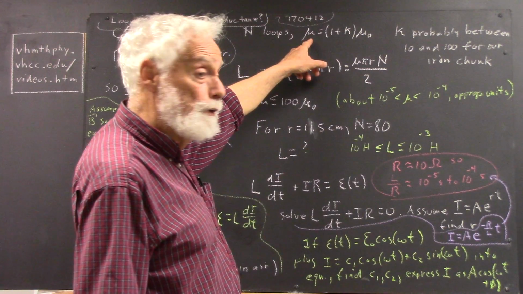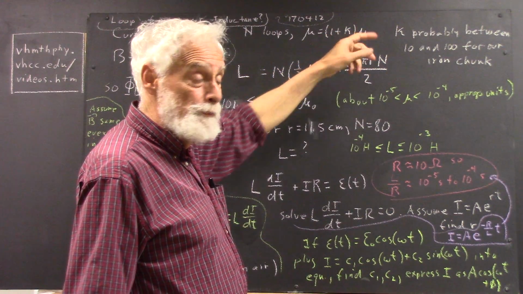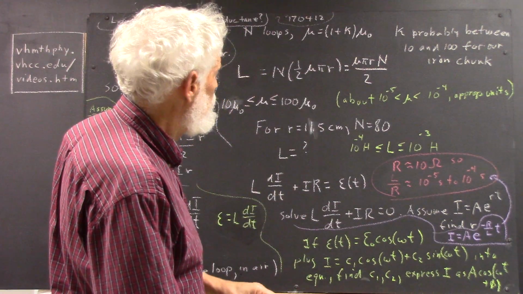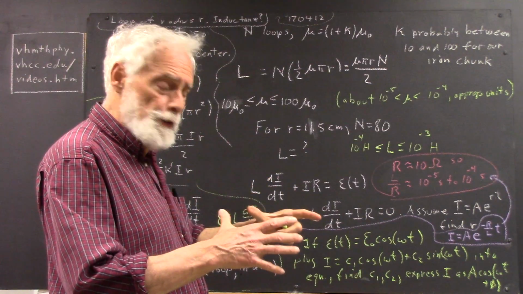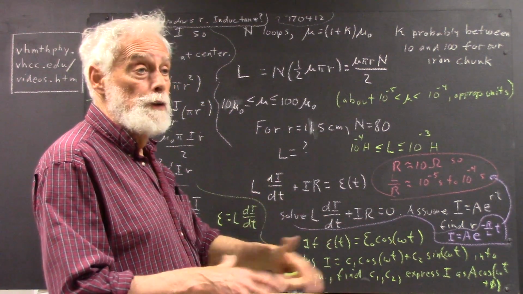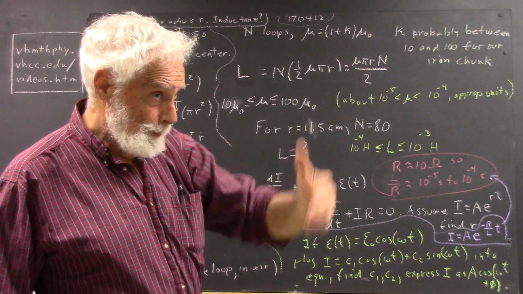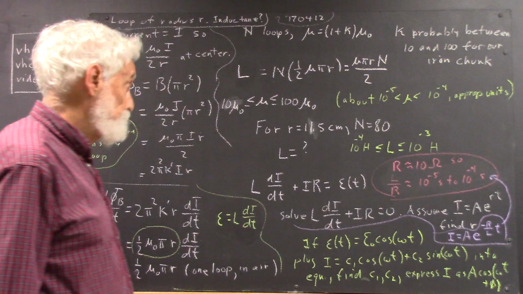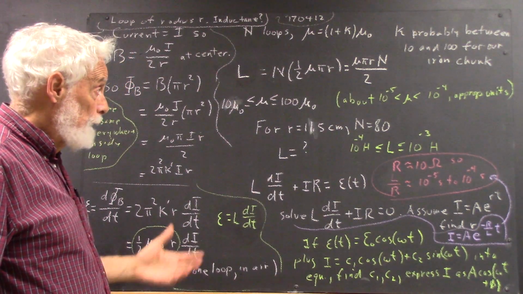and the permittivity mu is 1 plus kappa times mu naught, where kappa is a number that just arises because the magnetic domains in the iron will tend to align with the magnetic field in such a way that they greatly enhance the magnetic field. Now, I haven't had time to measure the effect on this particular sample of iron.